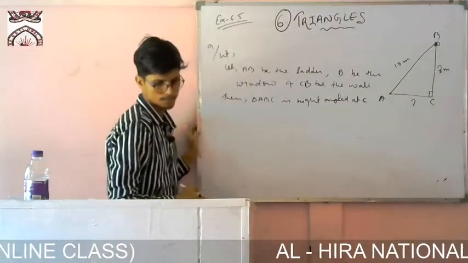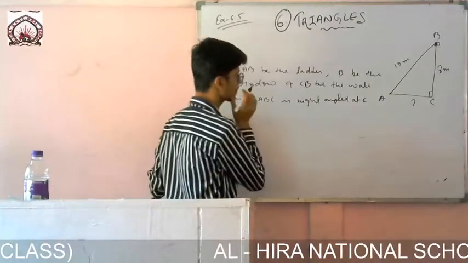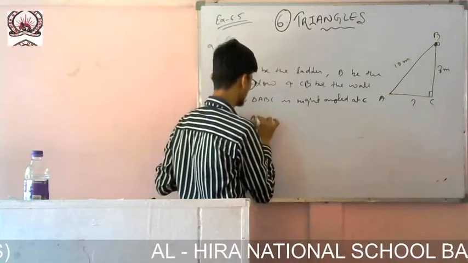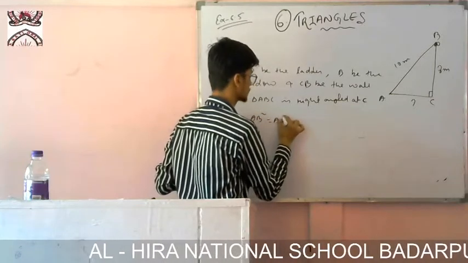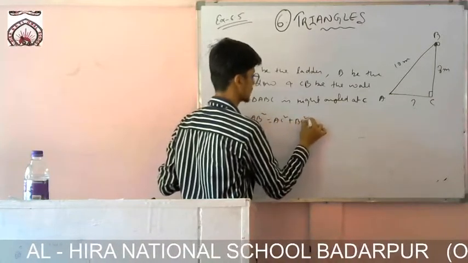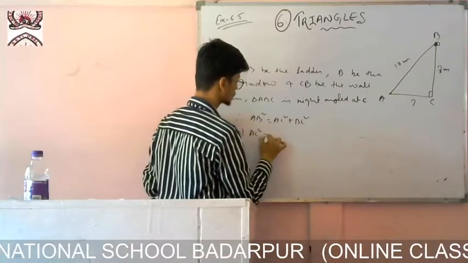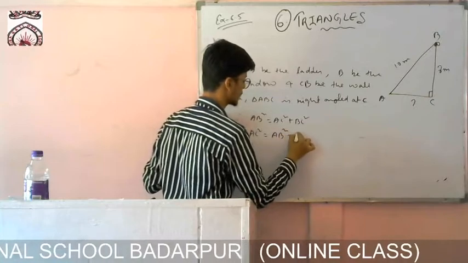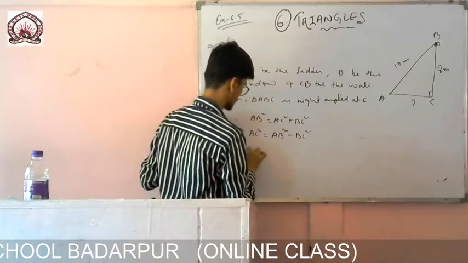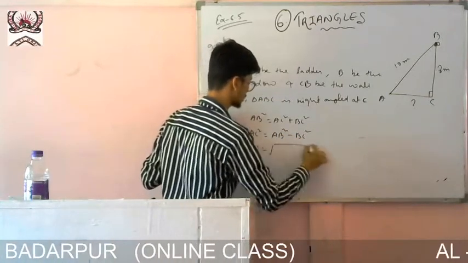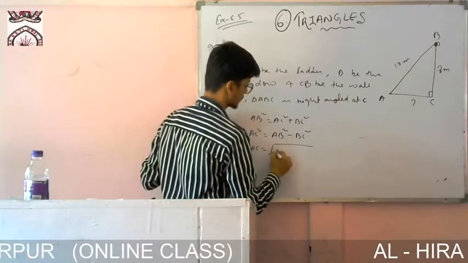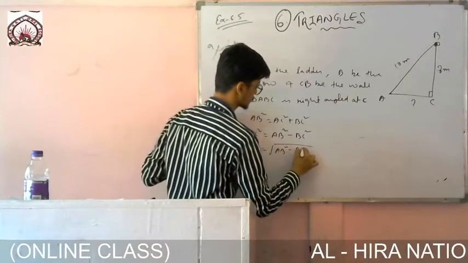Now I can use the Pythagoras theorem. AB square is equal to AC square plus BC square. I need to find AC, so AC square is equal to AB square minus BC square. So AC will be equal to root over AB square minus BC square.